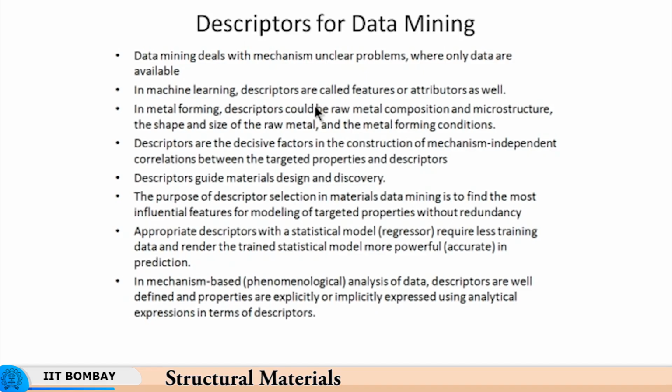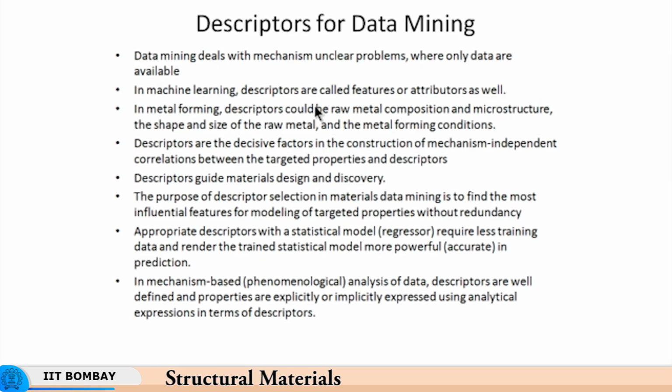So for example, high entropy material, I want to predict the properties of a high entropy material. I take 5 different materials, and then I design a particular high entropy material, and the descriptors will guide me to understand what kind of properties I can possibly get in the high entropy material by correlating the properties of these constituents with the properties obtained in the high entropy material.